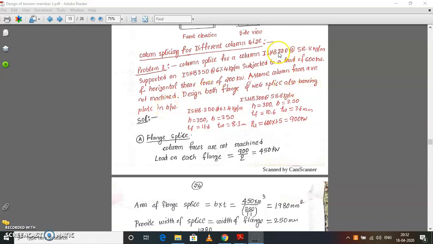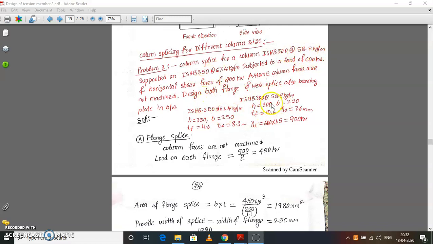So here the upper column is of ISHB 300 and the lower column is of ISHB 350. So horizontal shear force is 200 kilonewton. So we have to design for web splice as well as for flange splice. The load acting on the column is also given, 600 kilonewton.